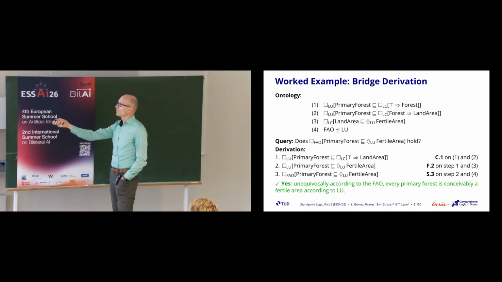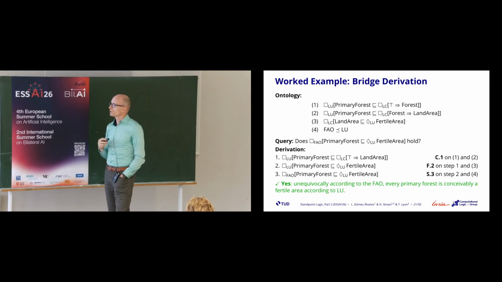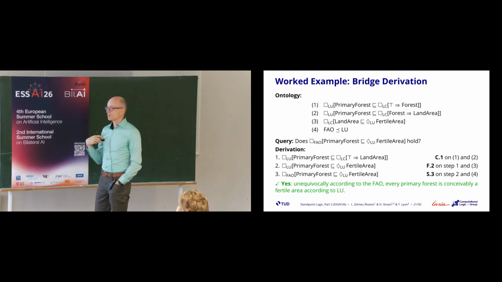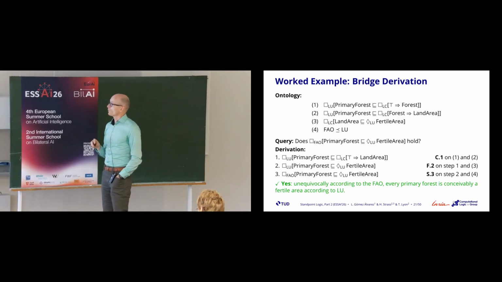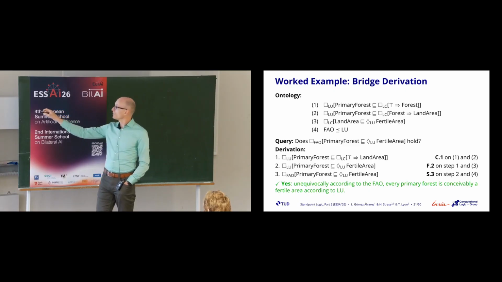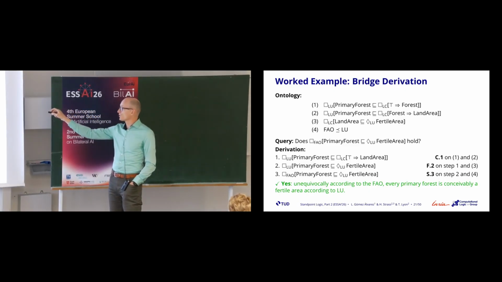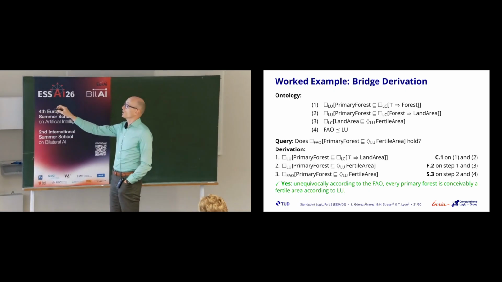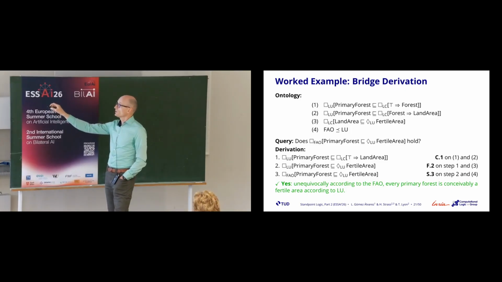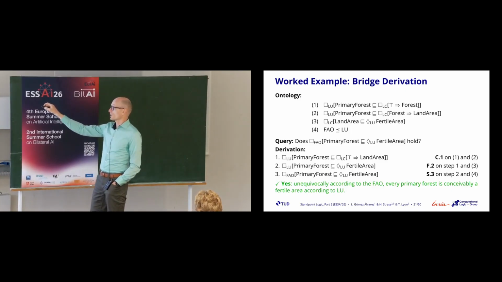So here we have a small example ontology from the land use and land cover domain. We have the statement saying that according to the land use perspective, what is a primary forest is unequivocally, according to the land cover perspective, also a forest.